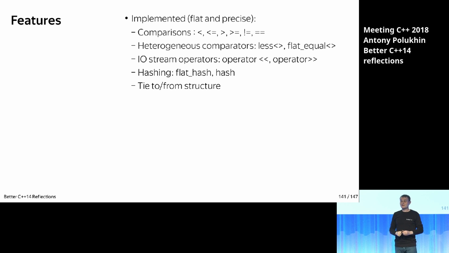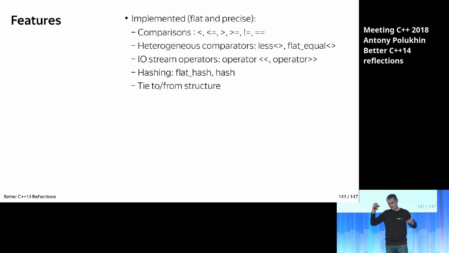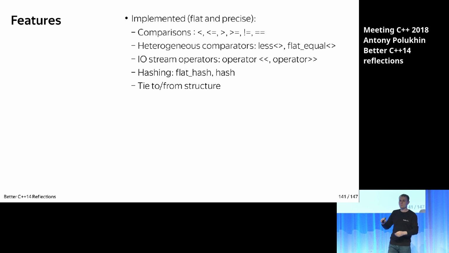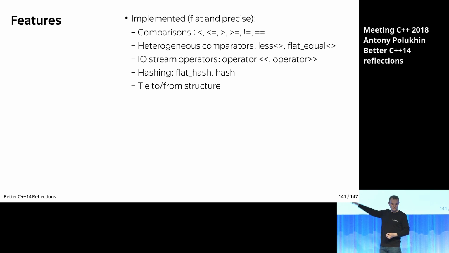Serialization to a file never was so simple. What's more interesting? We've got hashing functions here. You don't have to write your own hash functions and don't have to deal with all the hash combine stuff that is not in the standard. You just use a ready hash function, and that's it.